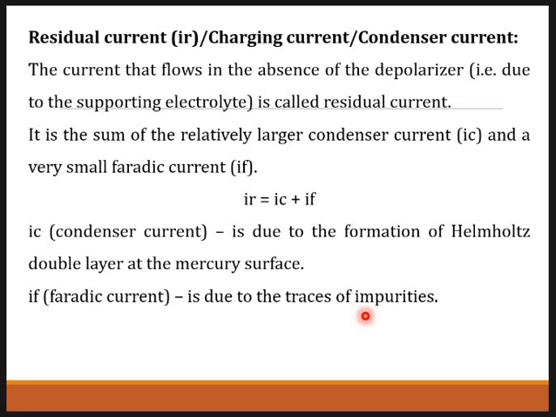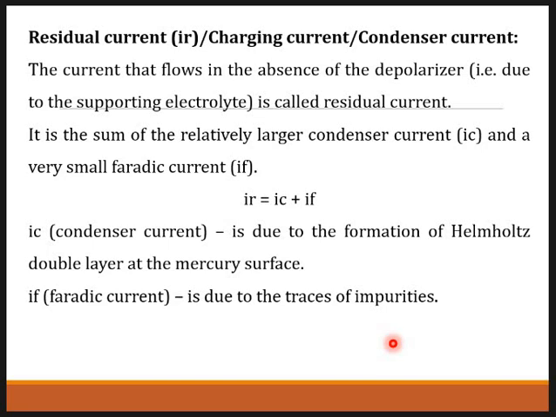So in all measurements, the residual current should be minimized as much as possible. How can this current be minimized? It can be minimized by taking the reading at the end of the mercury drop life, just as it is about to fall, when the rate of change of surface area is minimum, at which the residual current is also minimum.